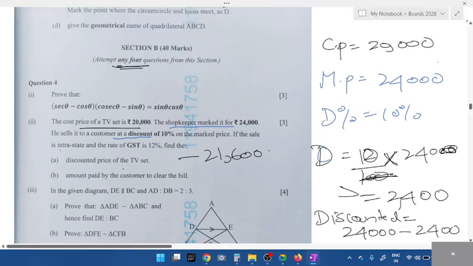And here, just to confuse, they've given intrastate. It doesn't matter. Intrastate doesn't matter here. You have to find just the GST amount. So the amount will be 21,600 plus 12% of 21,600. This is how you calculate. You calculate this, you'll get the answer for the amount. 3 marks question. Amount paid by the customer.